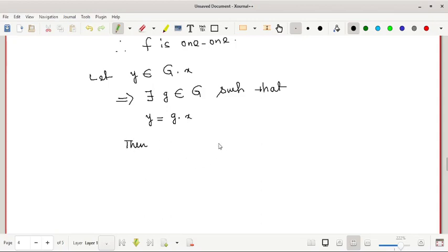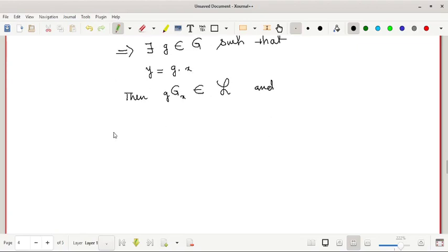Then I want an element in the domain. That element is g Gx. This belongs to script L, and what is f of g Gx? By definition, f of g Gx equals g dot x, and that is equal to y. Therefore, f is onto.